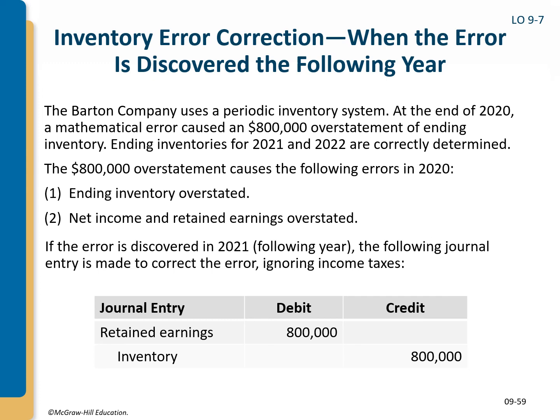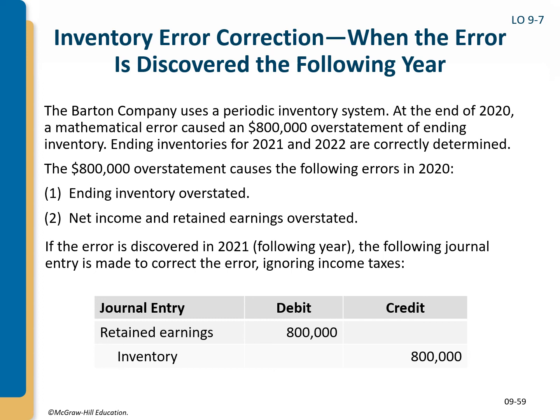So what does Barton do? Debit retained earnings as soon as possible, credit inventory. Then cost of goods sold won't be affected. Beginning inventory will be restated so that it's at the true balance it should be at, decreasing by 800,000.